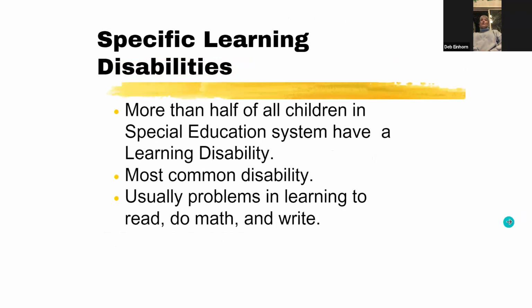So children who are receiving special education services with an IEP, the bulk of those children have learning disabilities. I think it's usually about 70%. It's more than half of all children in special education are identified with those disabilities. So it involves problems in learning to read, do math, and write.